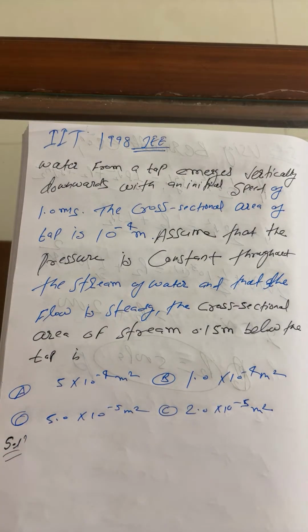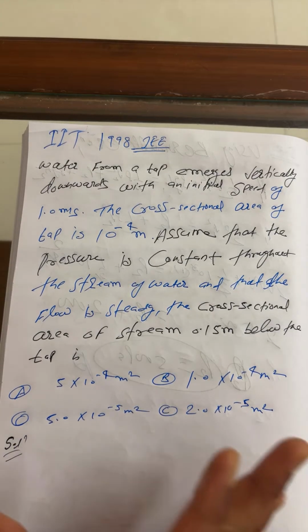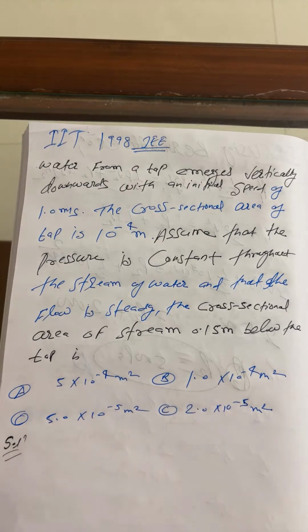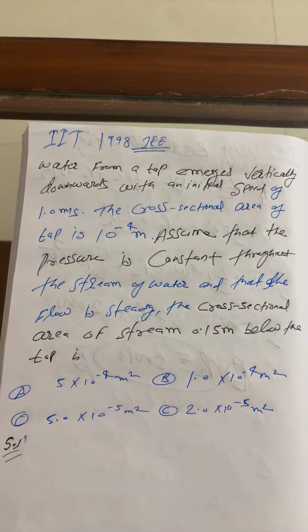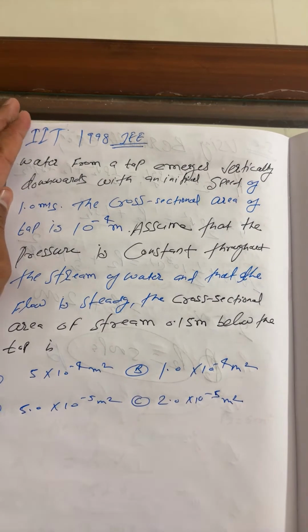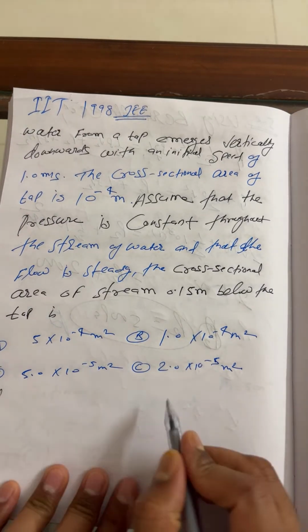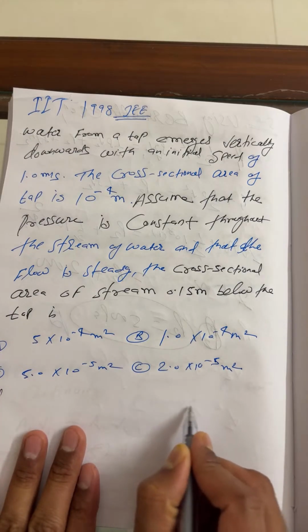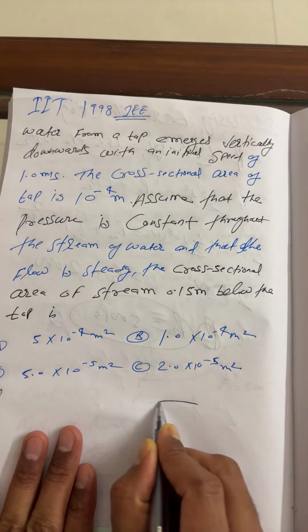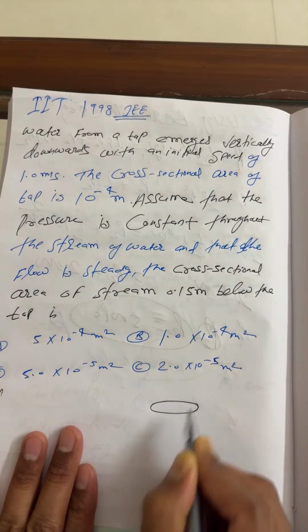Water from a tap emerges vertically, right? So let's make a diagram first. The diagram will help you understand this question in a proper way. You can take two different, non-uniform cross-sectional views.